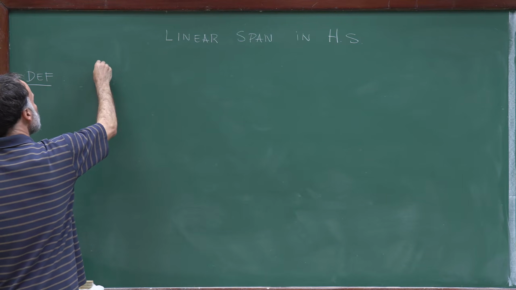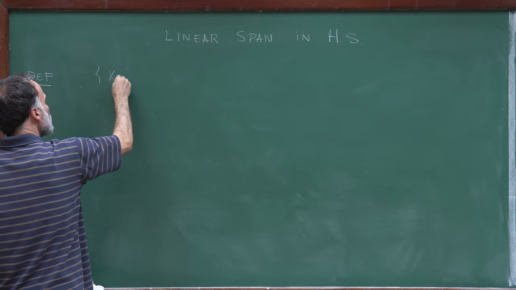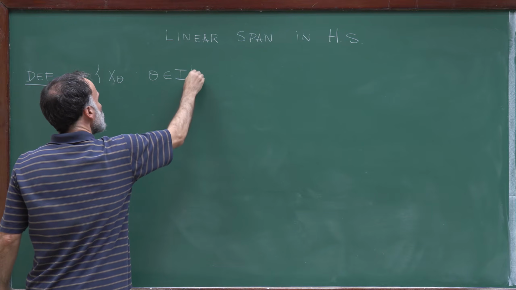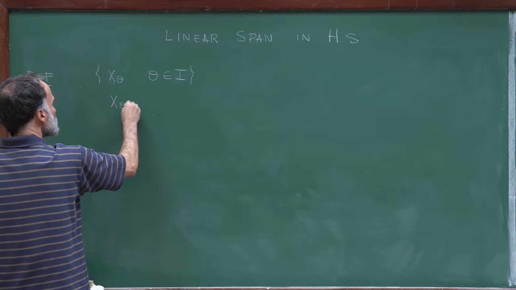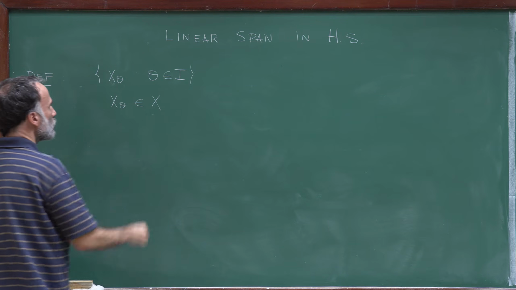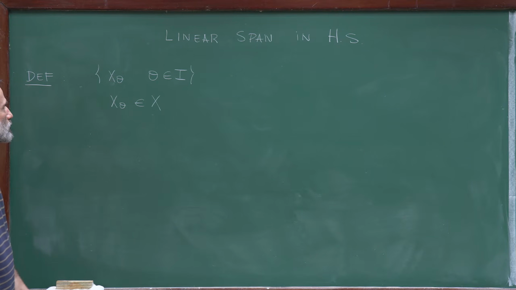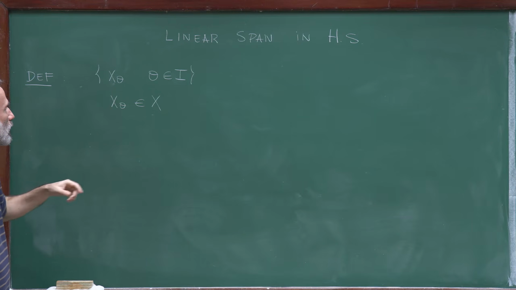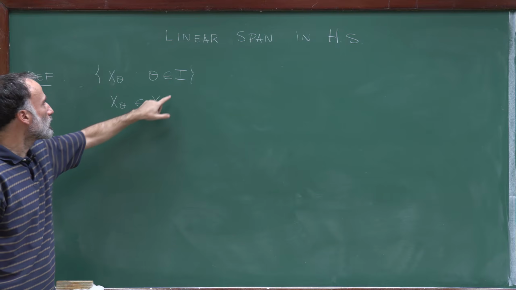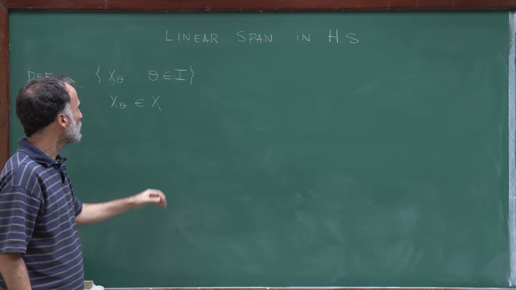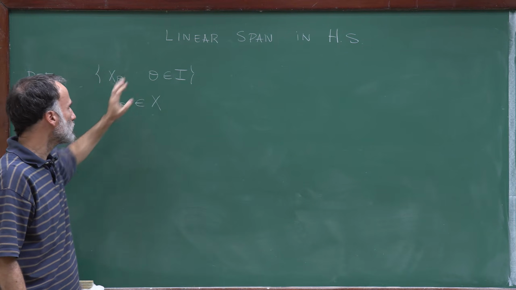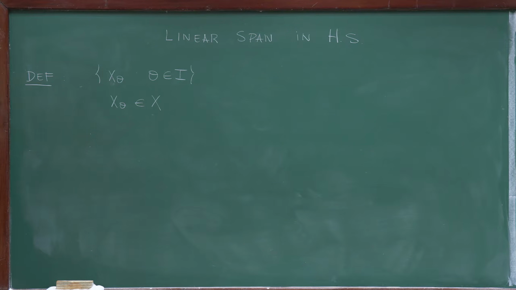If I have a family x_theta, theta in I, so x_theta are elements of a space X, which in this lecture will be a Hilbert space. Here the set I can be finite, countable or uncountable, so I is any set.